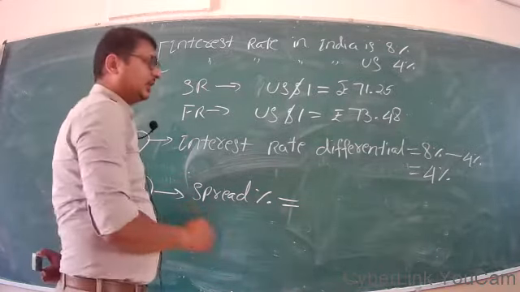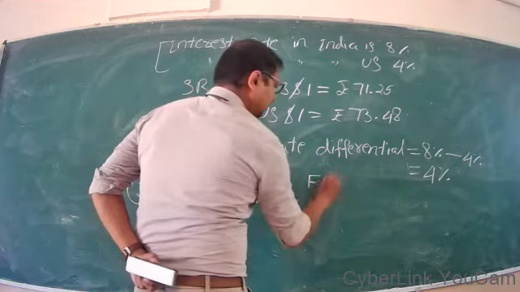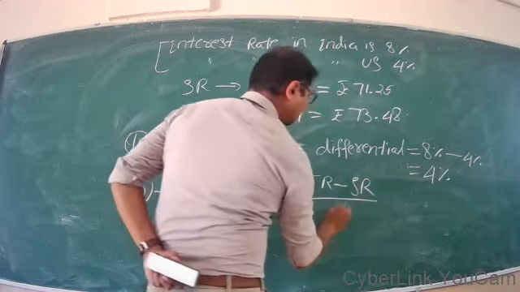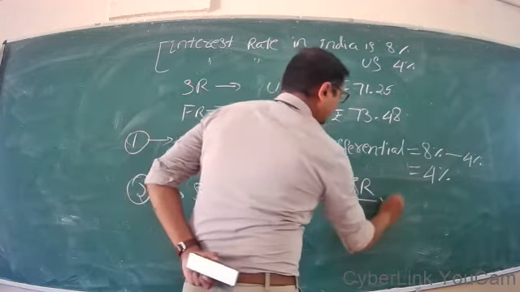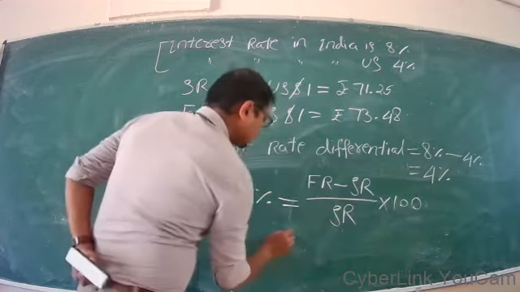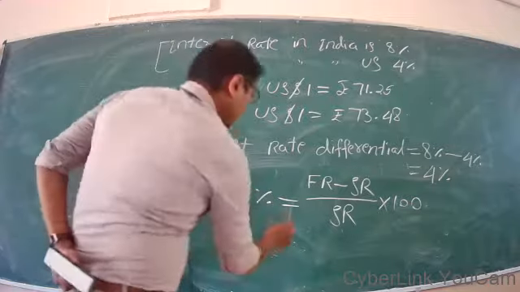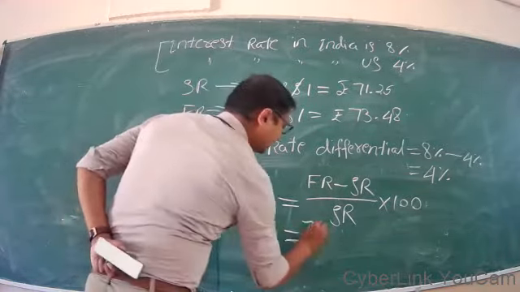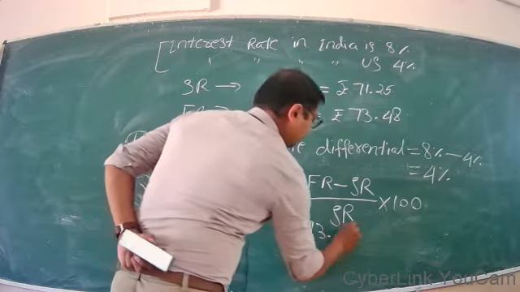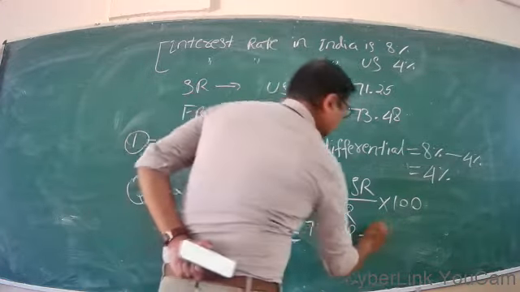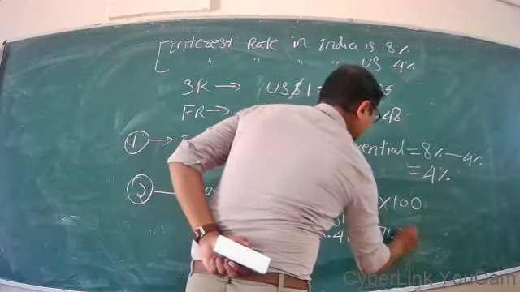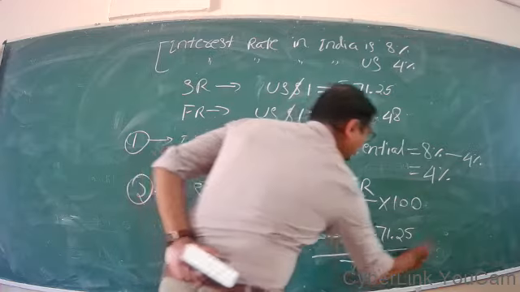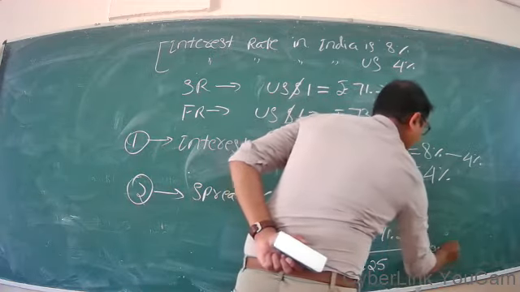So the formula for the spread percentage is forward rate minus spot rate, divided by spot rate, multiplied by 100. So in the given problem, it is 73.48 minus 71.25, divided by 71.25, multiplied by 100.